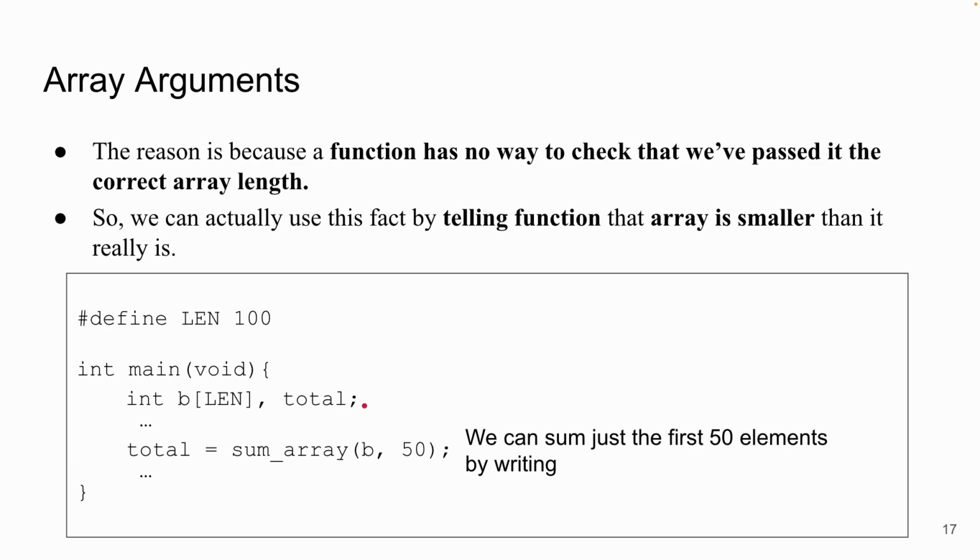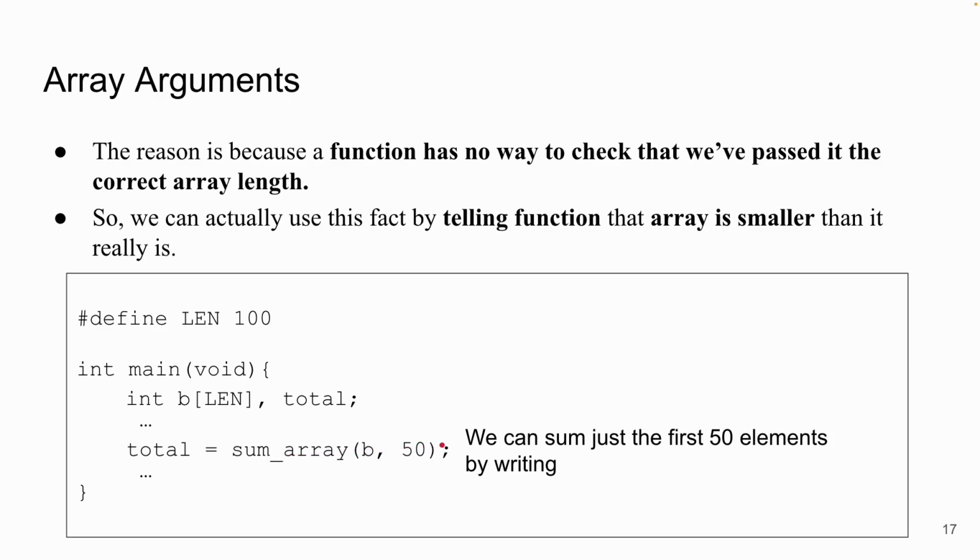We also talked about that, because in C, the function has no way to check whether we pass the correct length of the array or not, we can actually use this fact to control how many elements I want this sum array function to sum.